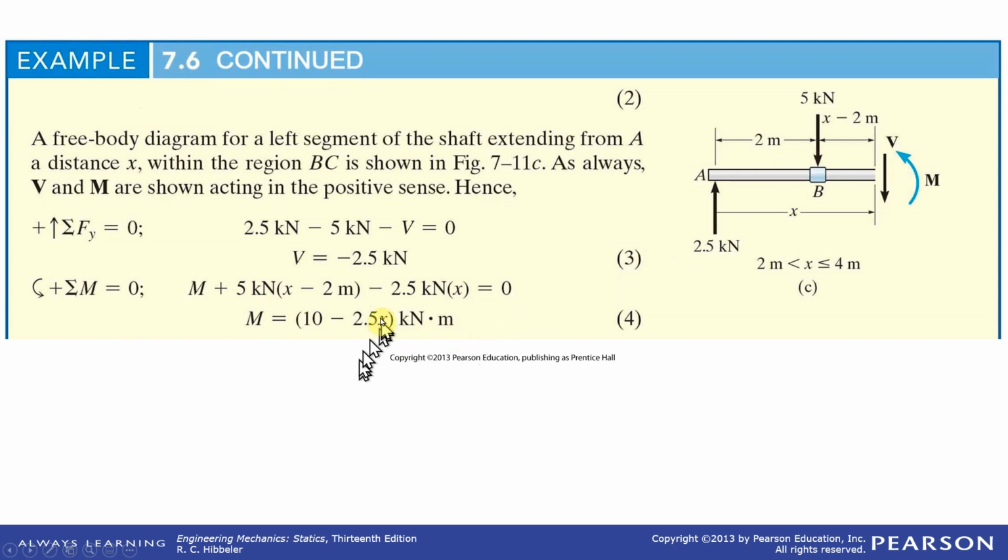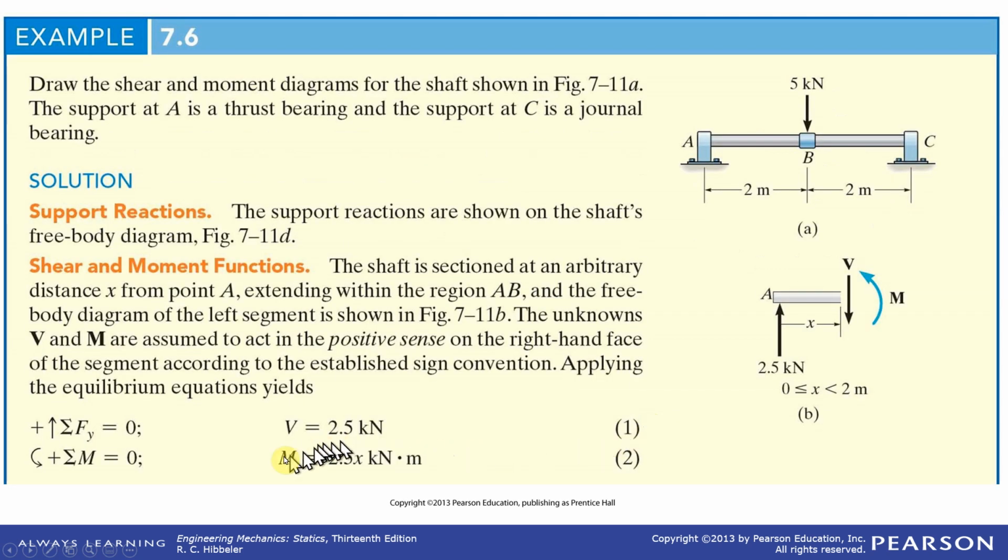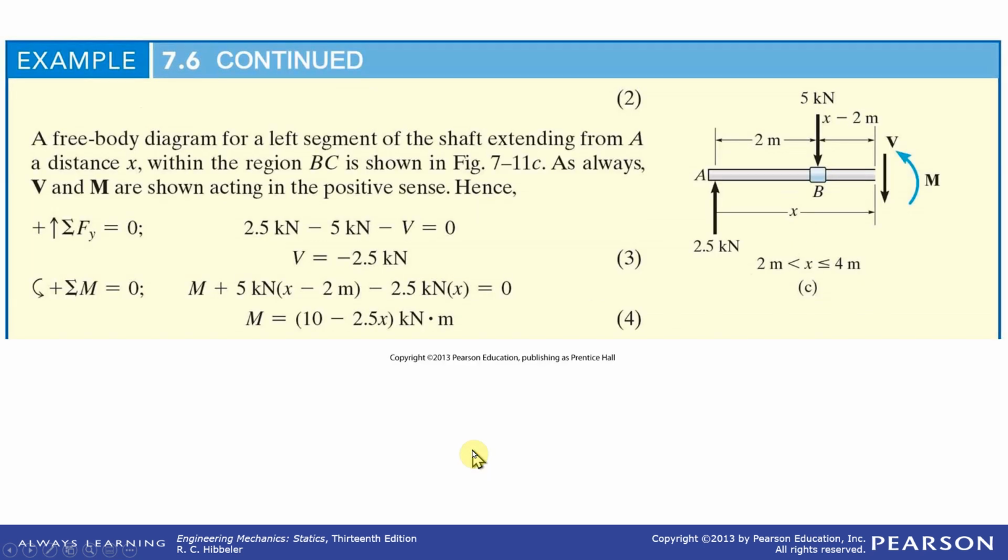At x equals 2, that means it's 5 kilonewton meters. And from the previous equation, at x equals 2 meters, it would also be 5 kilonewton meters. So the two curves match up in the middle.